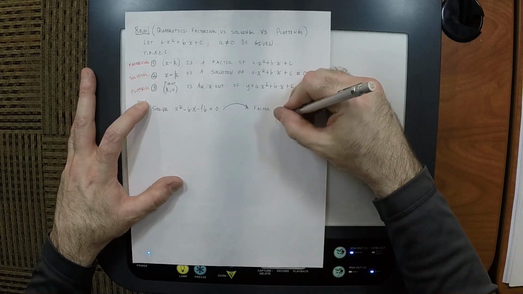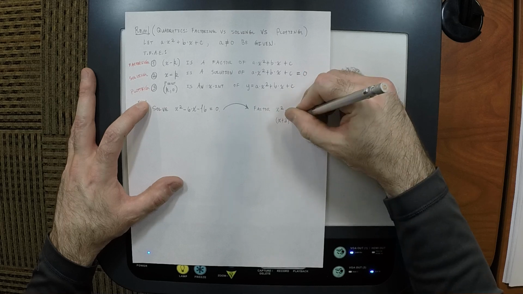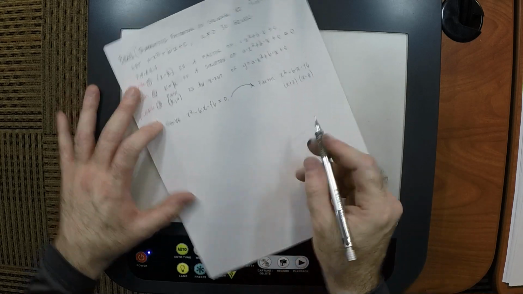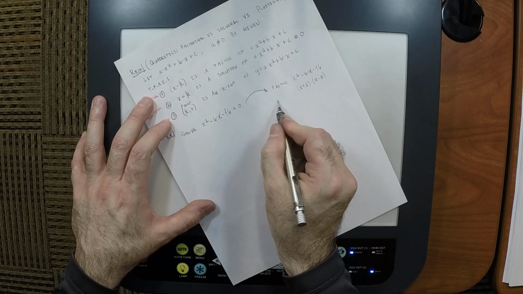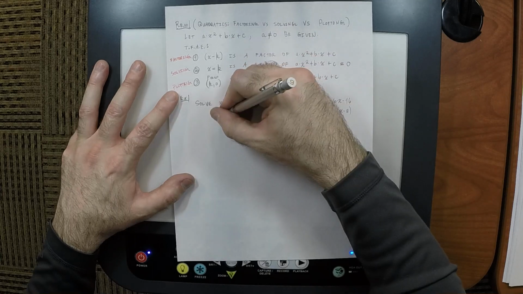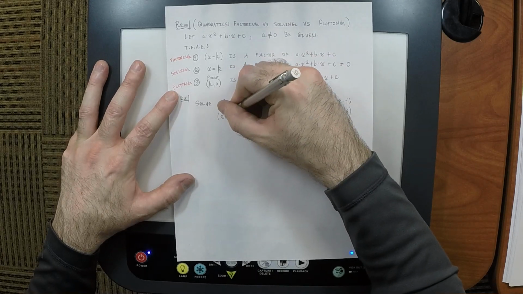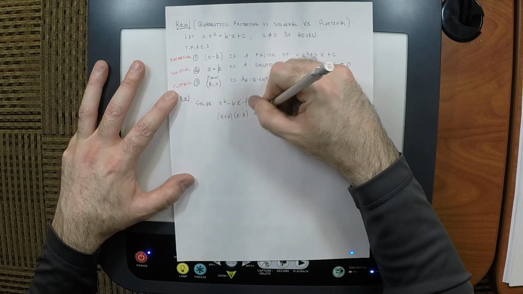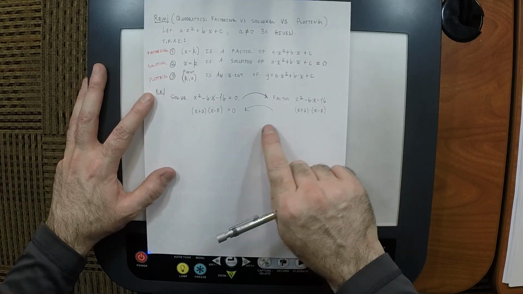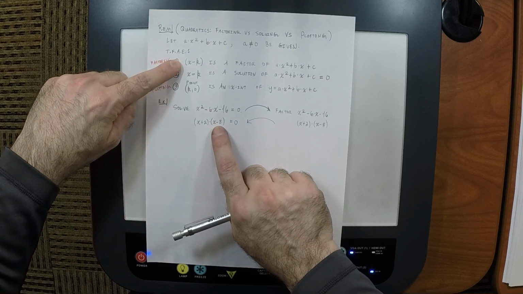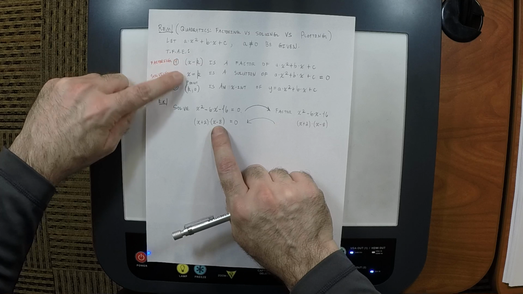This one is easy, right? So x plus 2 multiplied by x minus 8. And then now we can take this back over here and say, yeah, so that's the same thing as doing this. x plus 2 multiplied by x minus 8 is equal to 0. And because these are factors, for example, because x minus 8 is a factor, then what's a solution? x equal 8.